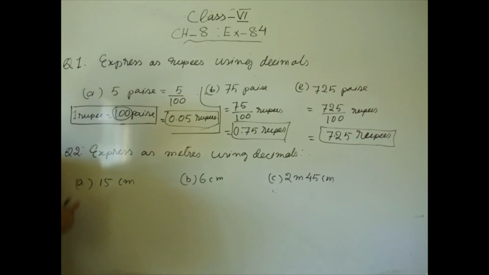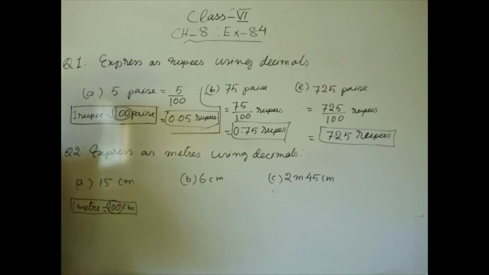So let us start now. Before we start, let us understand that value again. 1 meter equals 100 centimeters, isn't it? So we are going to take this 100 to convert the given centimeter into meter.